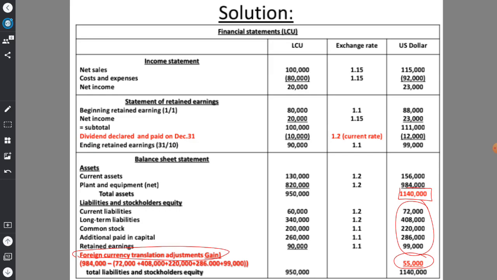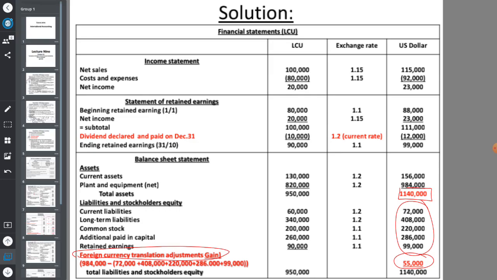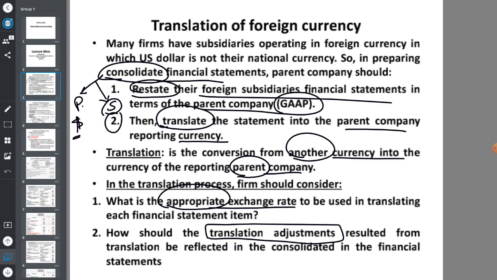cause of translation adjustment إن أنا بستخدم some items in the balance sheet are reported using current rate while others are used reported historical rate. طب in general احنا اتكلمنا في إيه النهارده؟ اتكلمنا في translation of foreign currency وقلنا إن مشكلة الترانزليشن إن لما يكون عندي parent company و subsidiaries.